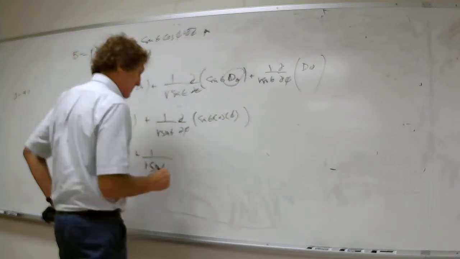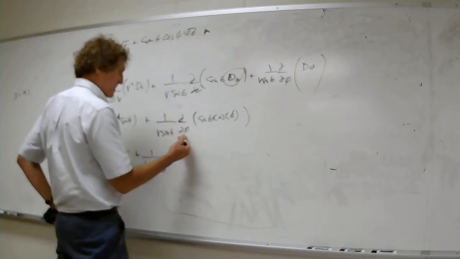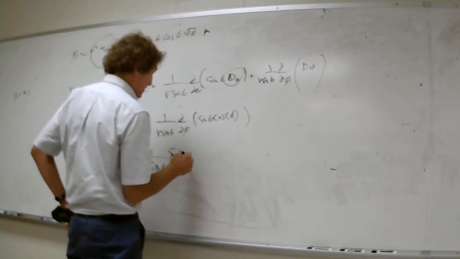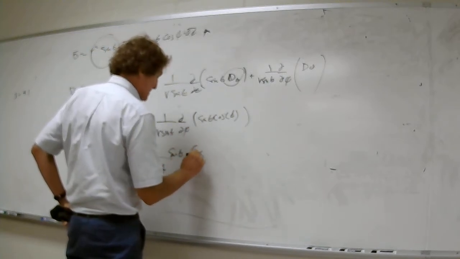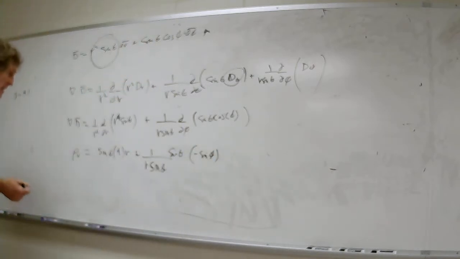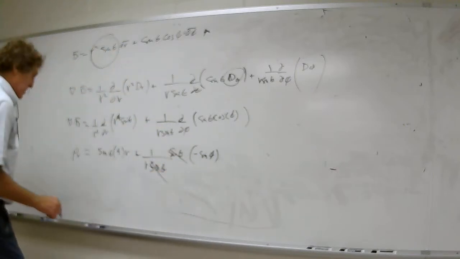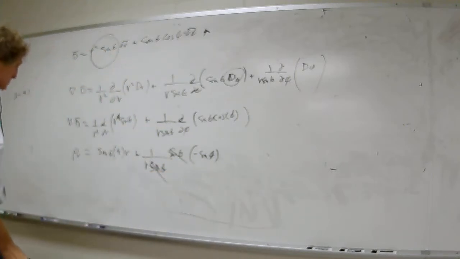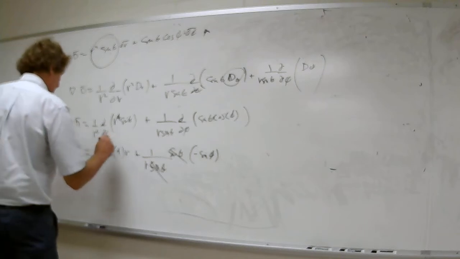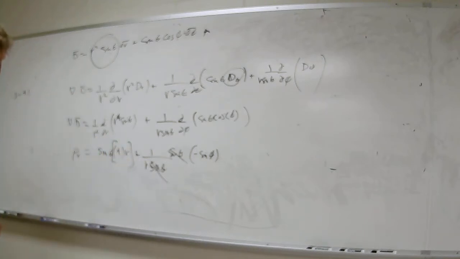And d/dphi of that, well, the sine theta comes out in front, right? The sine theta is not a function of phi. Derivative of a cosine is going to be what? Minus the sine of phi, class? With me? All right, and you can see these signs cancel, thankfully. So now I have that expression, sine of theta times 4r over minus sine of phi divided by r.